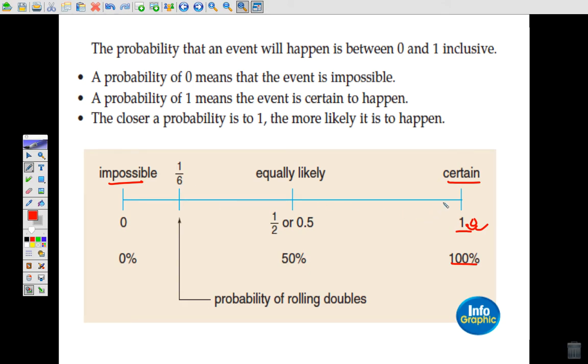The closer you are to 1, the more likely it is to happen. The closer you are to 0, the less likely it is to happen. In the middle, that's your 1/2 or 0.5, which is 50%. So if we look at the example with rolling the doubles, which we decided was 1/6, that's going to fall somewhere down here. The probability of rolling doubles is not impossible, but it's not a great chance that it's going to happen. 1 out of 6 times it might happen.